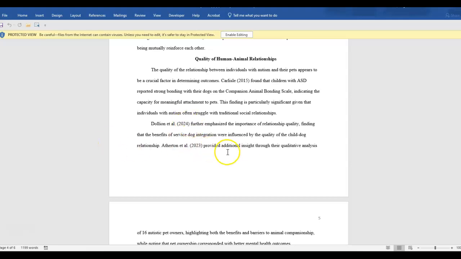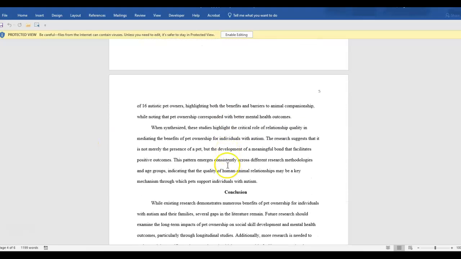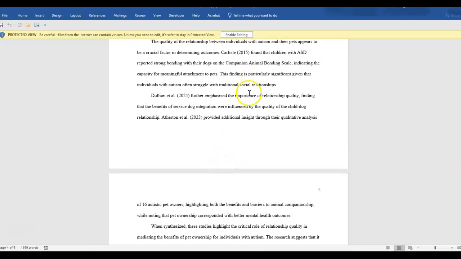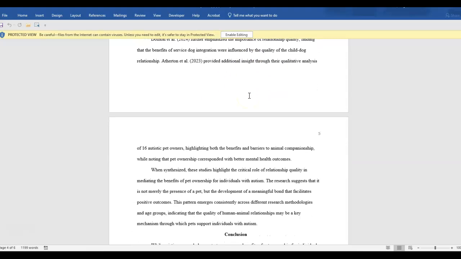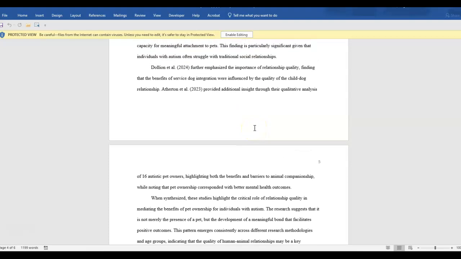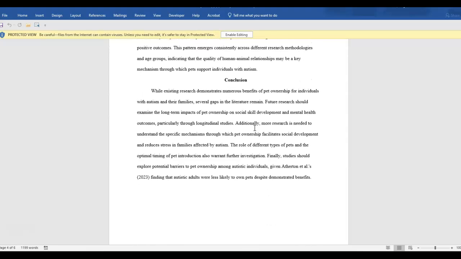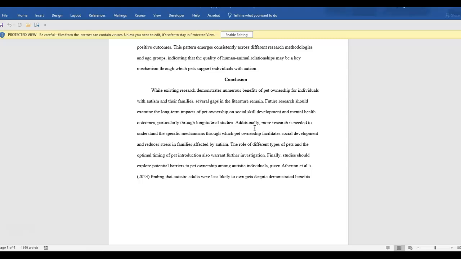Dolian et al., Atherton et al., all of these articles discussed that topic. So I'm going to write about how they're alike and how they're not alike, how they're similar and how they're dissimilar. And then finally, I will conclude with where I think the research needs to go in the future.